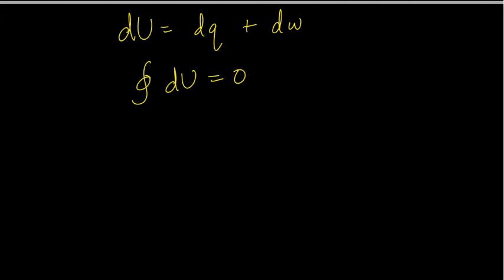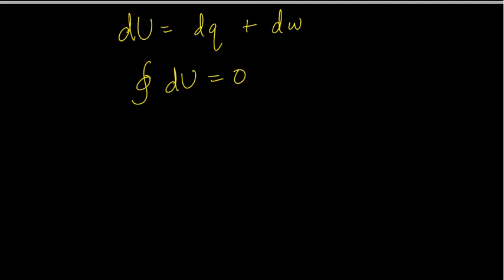Everything fine? So the system does some work, and you need to pump heat into the system. And the amount of heat that you pump into the system can be converted to work. That's what the first law says. But in reality, this is not the truth.